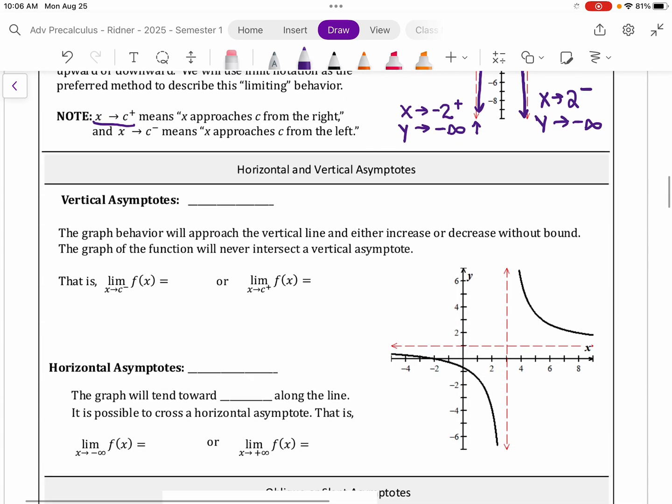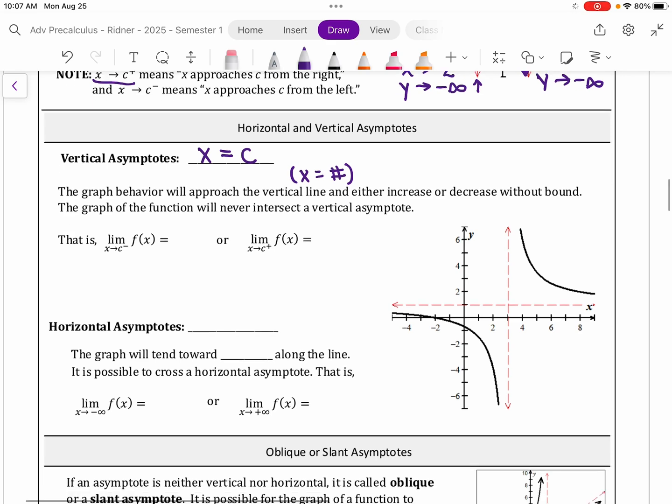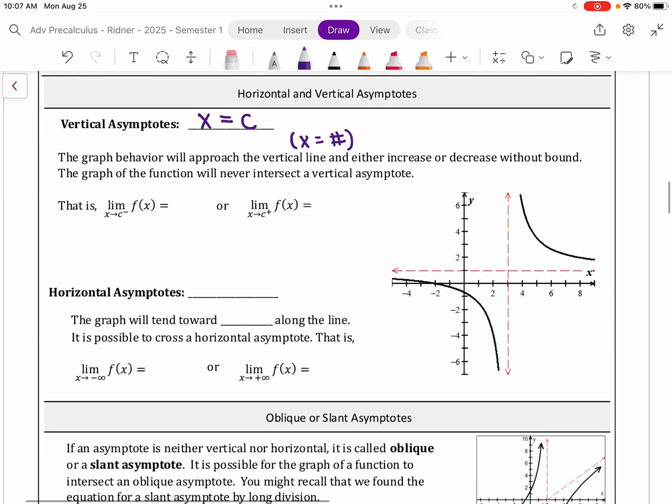It's okay. All right, so remember we always write vertical asymptotes in the form of x equals c, where x equals a number. So don't write y equals. Horizontal ones are always written as y equals b.